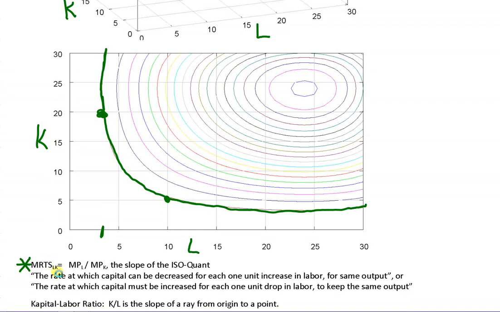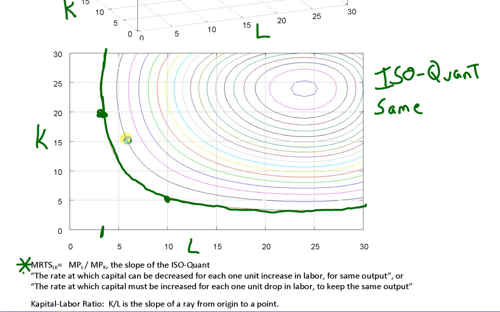We have the marginal rate of technical substitution, which is the marginal product of labor divided by the marginal product of capital, and it tells us the slope of one of these isoquant curves. And if you haven't heard that term isoquant before, isoquant is just the prefix iso, which means same, and then quant for quantity, isoquant. And each of these lines tell us the combinations of inputs that give us the same quantity.